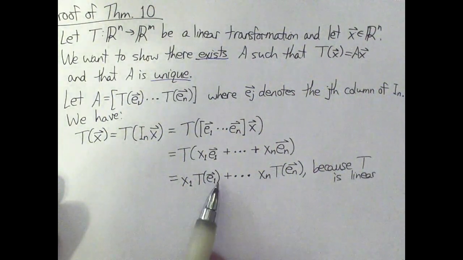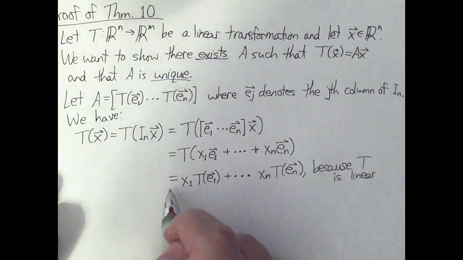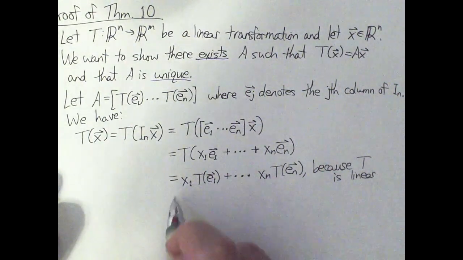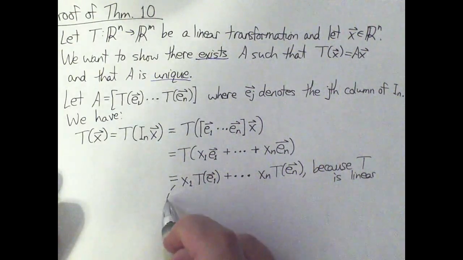Now, we've said that an equation like this can be rewritten as a matrix equation. So here's what I'm going to do. I am going to rewrite this. Let's leave ourselves a little bit of space because the vectors might be tall.